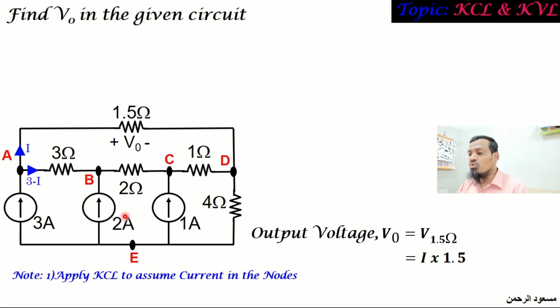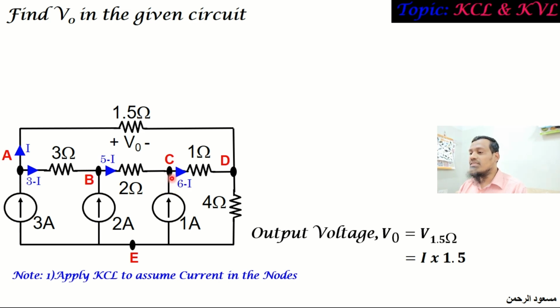And there is one more 2 amps incoming current through this branch. The current through this branch will be the addition of this 2, which is 5 minus I. And this 5 minus I is entering into node C through this way. And already a 1 amp current is entering node C in this way.